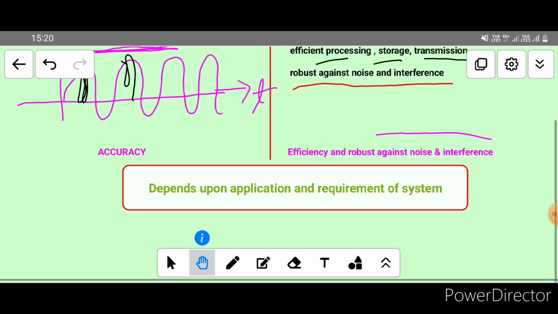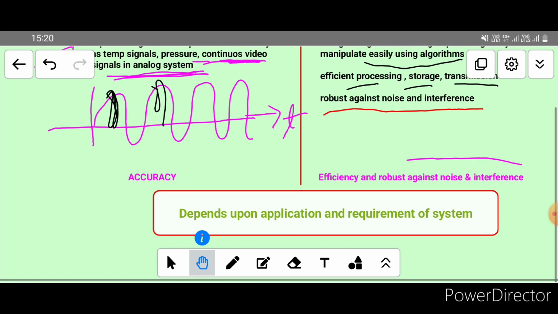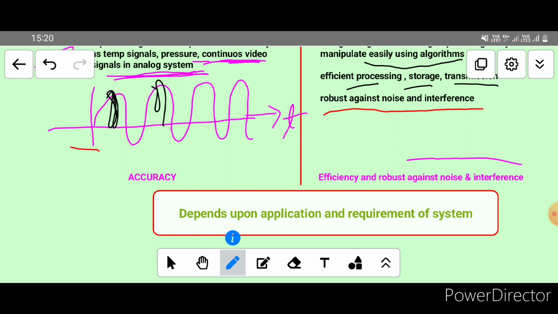So, here we can see that both continuous time signal and discrete time signal have different importance. In terms of accuracy, if we don't want to lose our information for a set of values of time, in systems or applications where accuracy is more important, the continuous time signals are used.